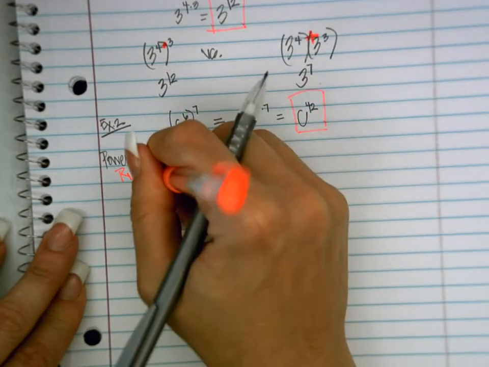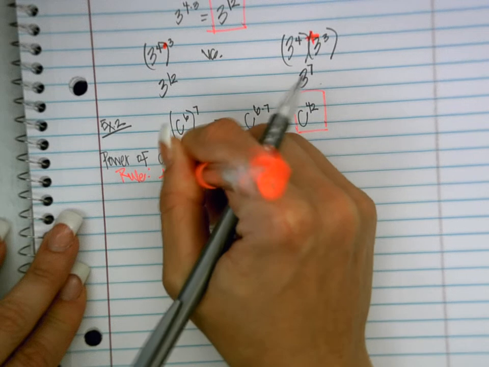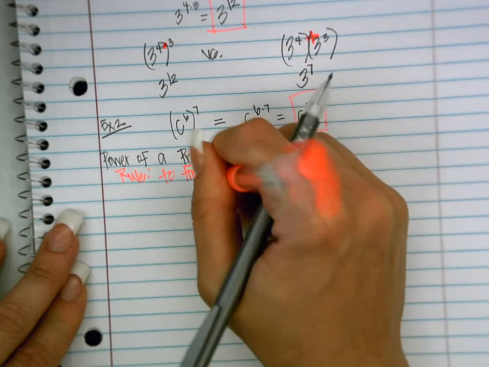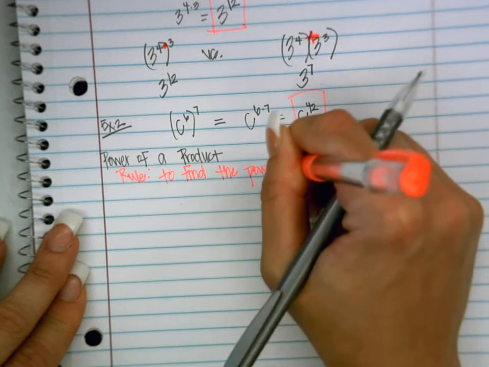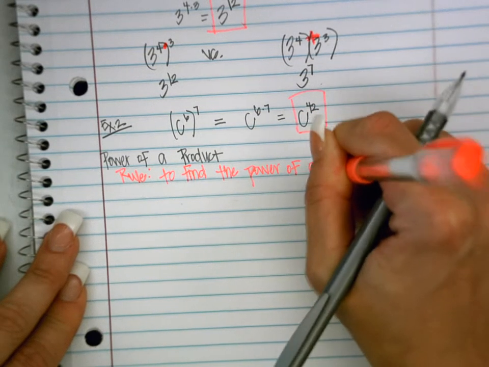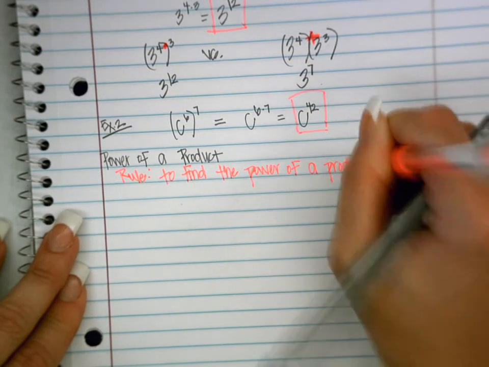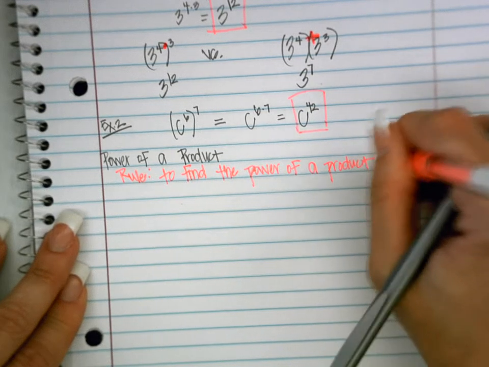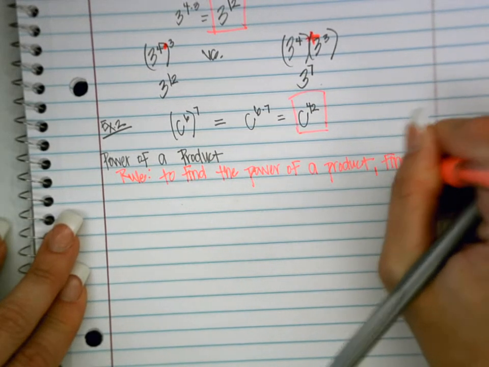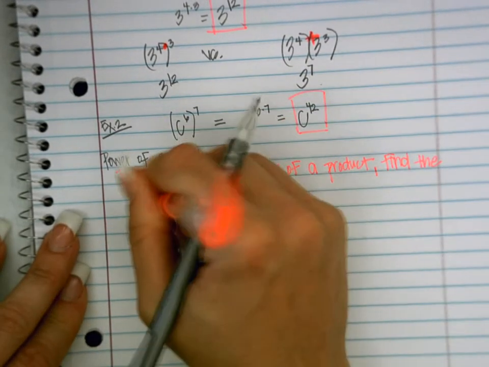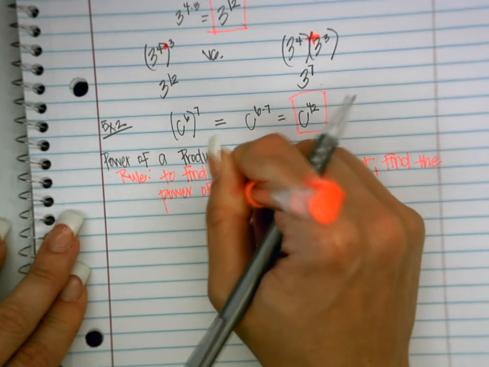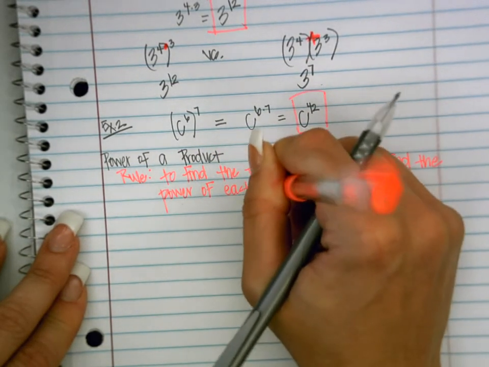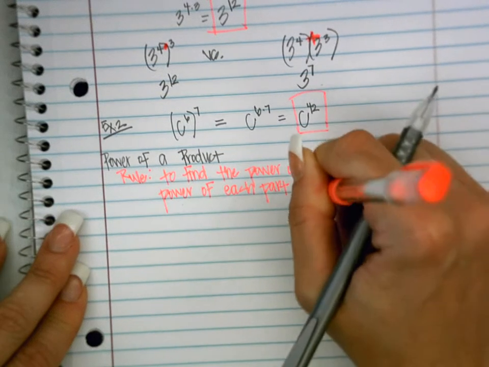Okay, so to find the power of a product, find the power of each part, and multiply.